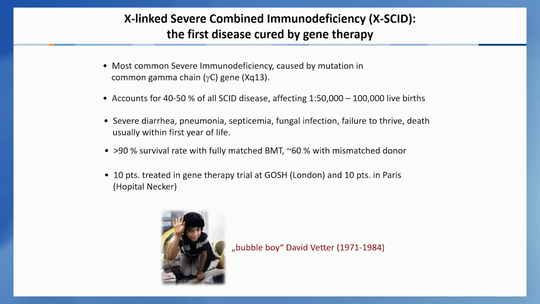You would die without treatment within the first year. So such children were kept under sterile bubbles. For that reason, those children were called bubble children, or in this case, bubble boy, like the picture here of David Vetter, who unfortunately died after transplantation.